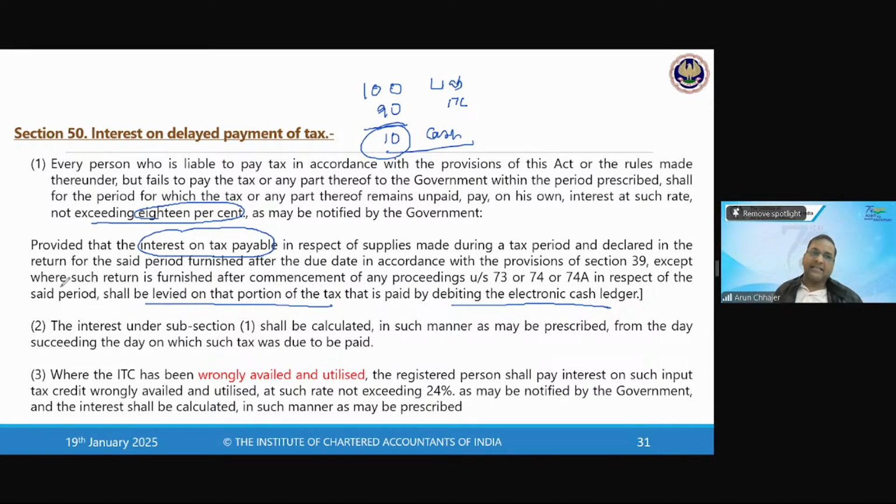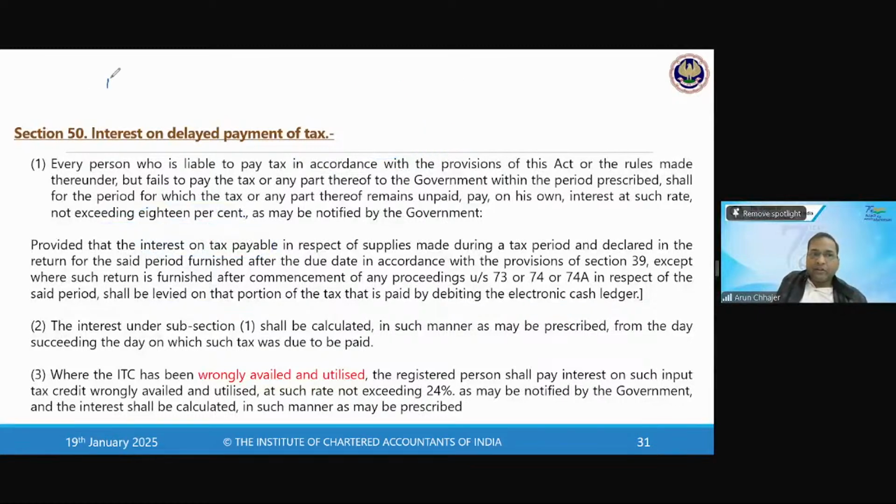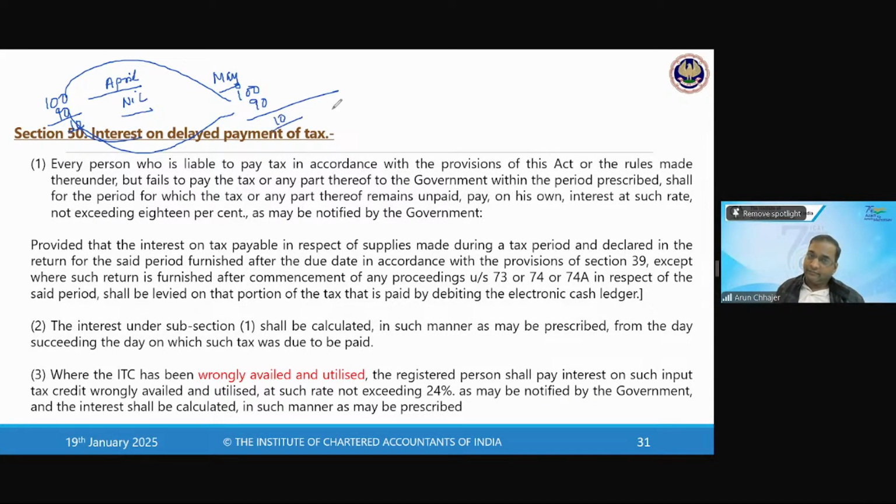I'm giving you another example. In the month of April, let's say you have the liability of 100, you have the ITC of 90, net liability is 10, but you have wrongly filed the nil return. In the month of May, you have added this liability 100, you have added this ITC 90, and you are paying rupees 10 in cash. Question number 1, will the interest be applicable in this case?